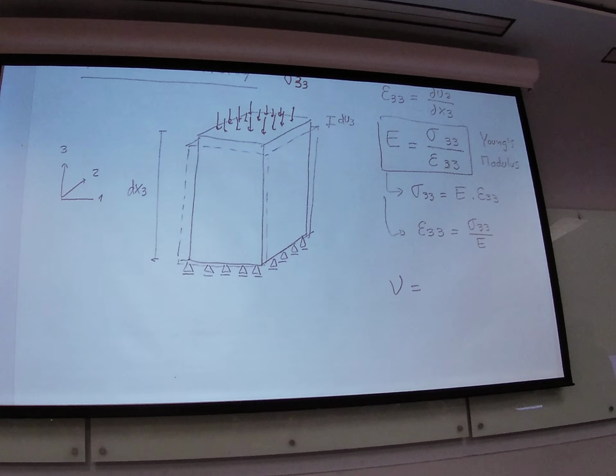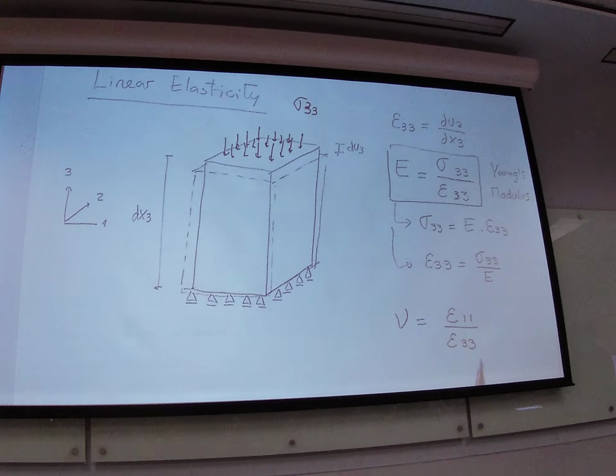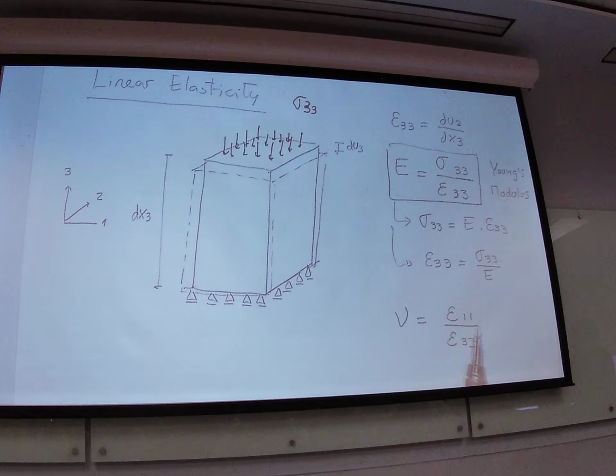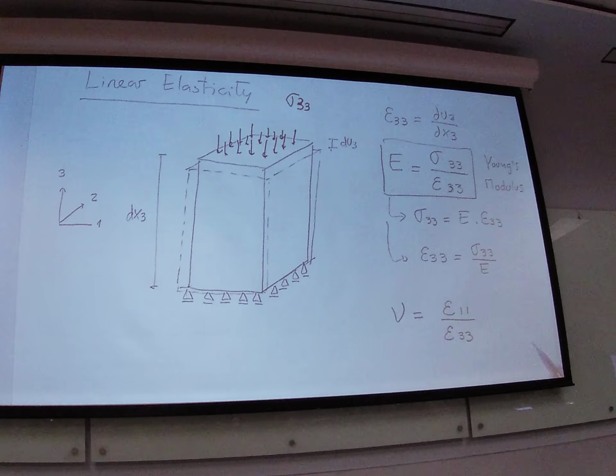The Poisson ratio is going to be defined as the ratio between the strain in the direction perpendicular to the load, and in this case, just let me choose 1, 1, but it could also be 2, 2, divided by the strain in the direction parallel to the load. Parallel to the load, in this case, sigma 33, we have epsilon 33, and perpendicular to the load, we have epsilon 1, 1.